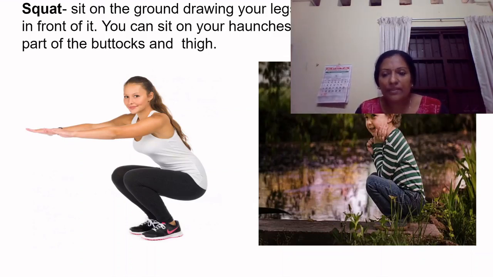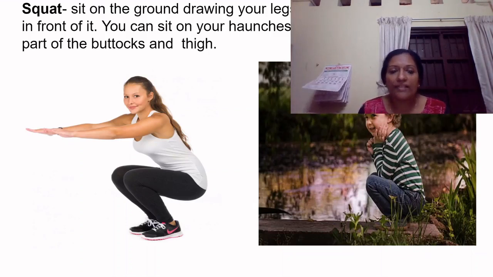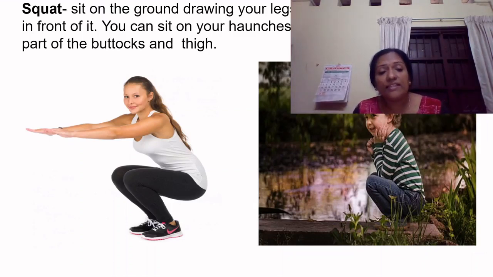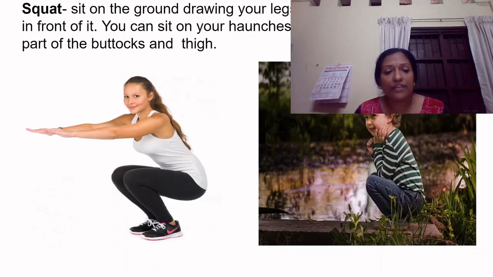So the legs are drawn above, are raised, while the position on the left, which is mostly an exercise position that we take while exercising, is where the girl sits with her legs in front of her. So there are two ways of squatting.